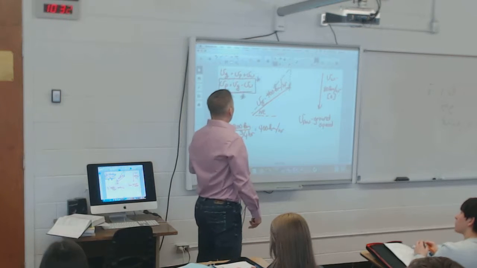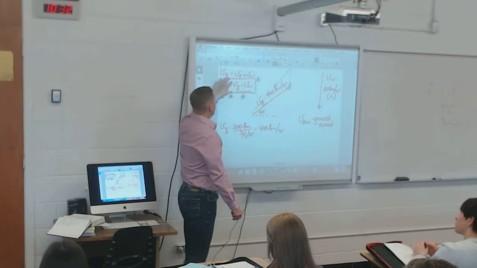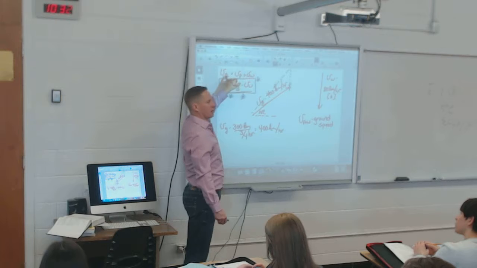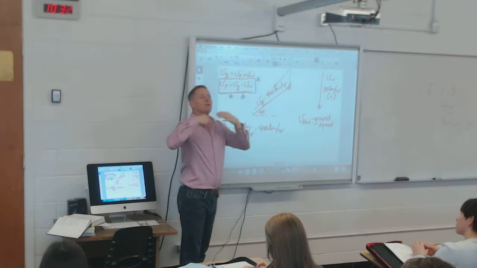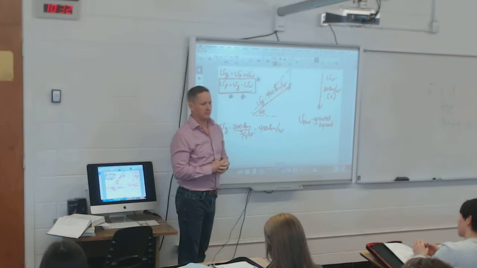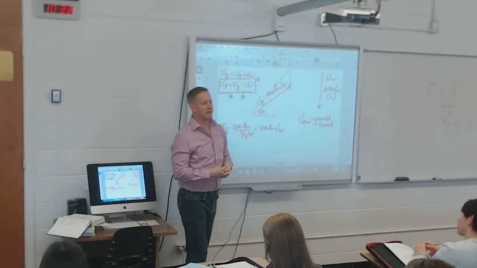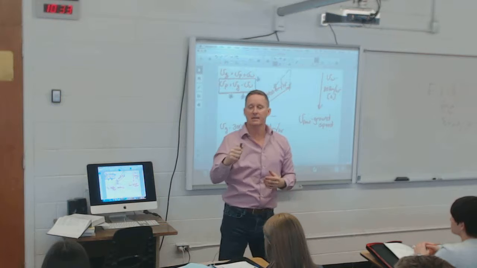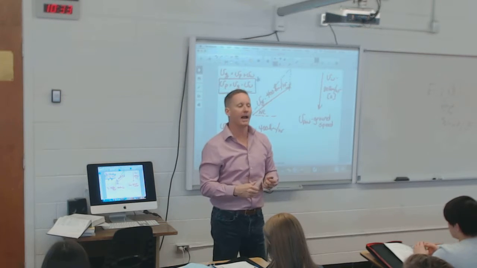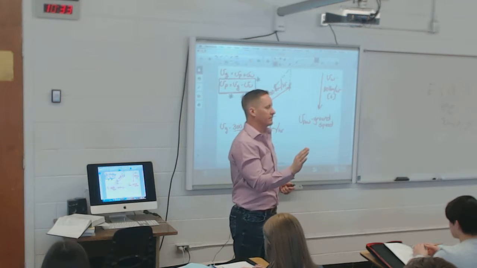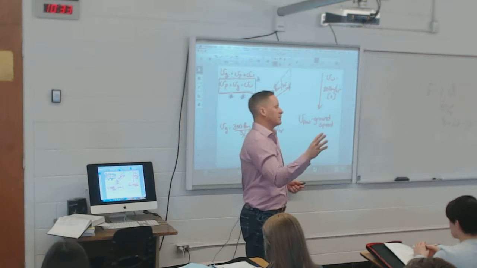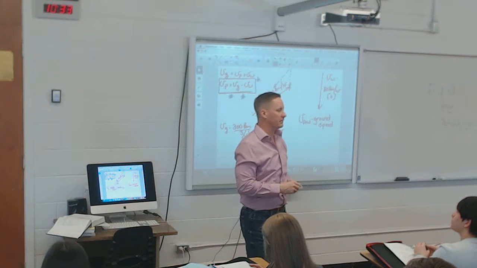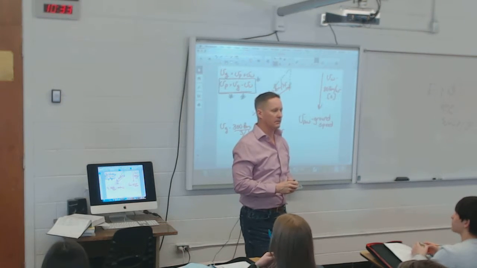Alright? So, my point to this is your ground speed is the speed that you would look up and see the plane going. The plane speed is the speed that the plane actually reads itself. The pilot's reading it as I'm going this speed. And then the wind speed, of course, just affects it. Okay?